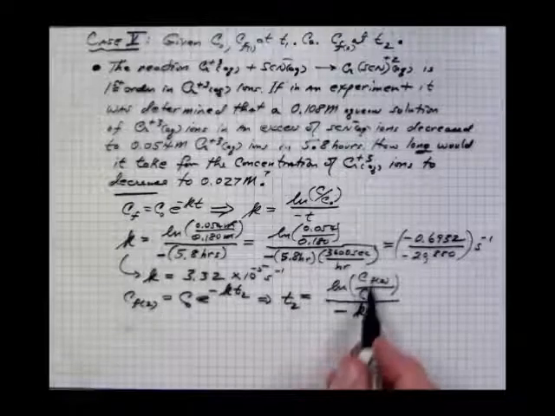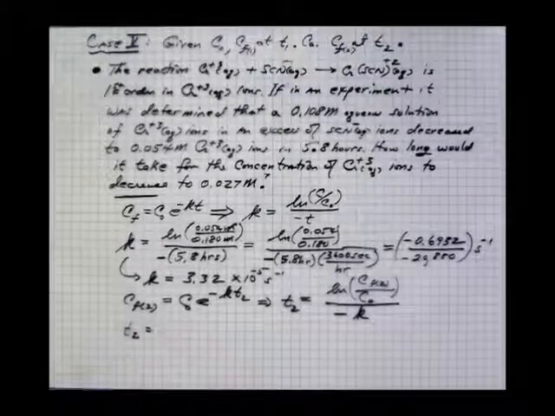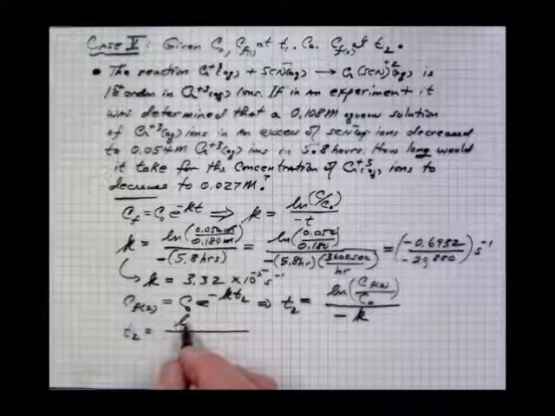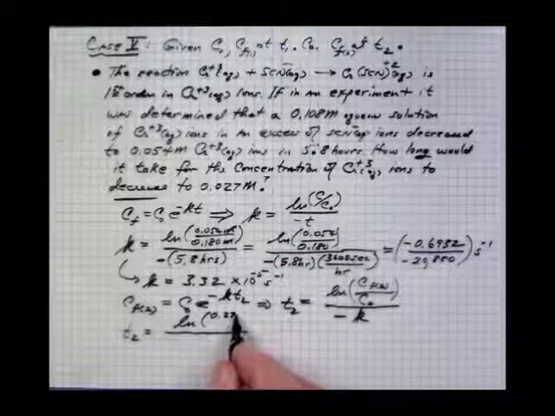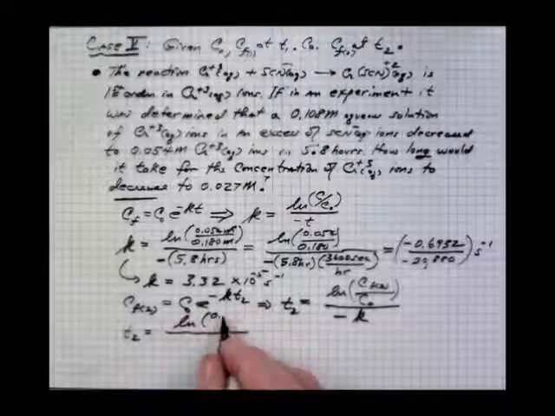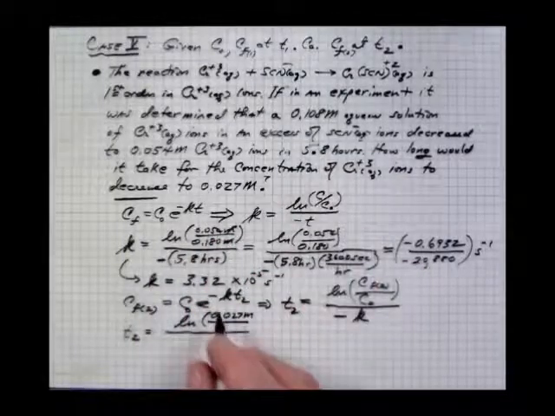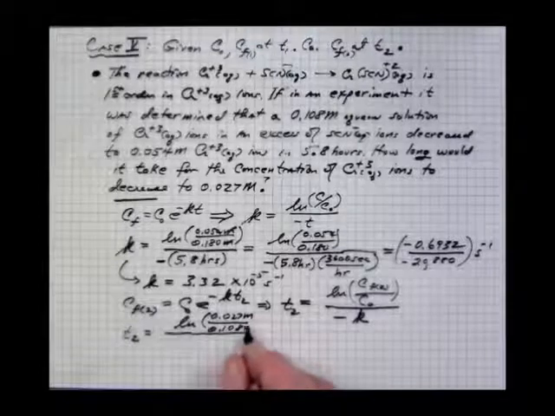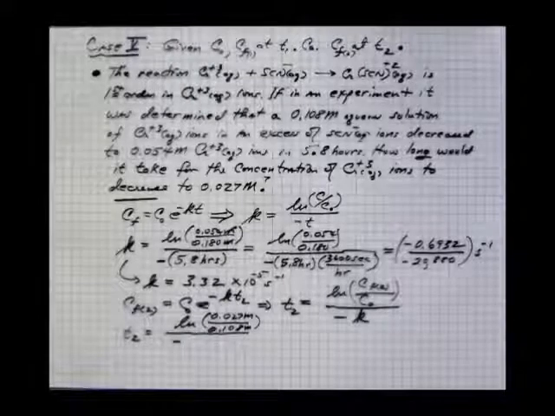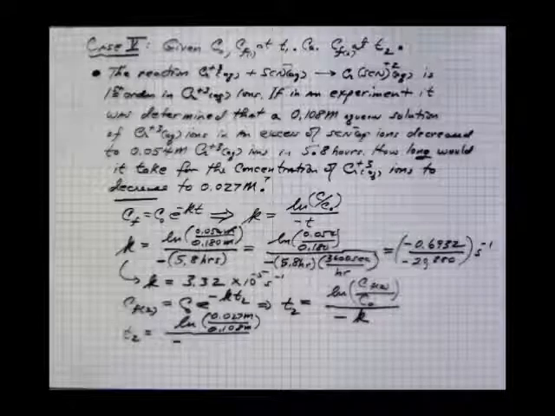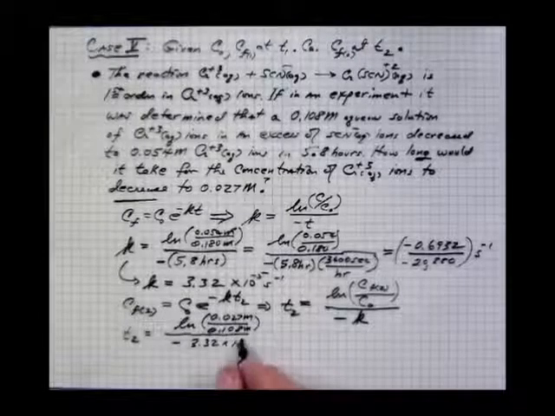Okay, so substituting values from the problem into this expression, we find that T2 is equal to ln of C final 2, which is 0.027, and we can continue to use the 0.108 molar, divided by the K value of 3.32 times 10 to the minus 5.